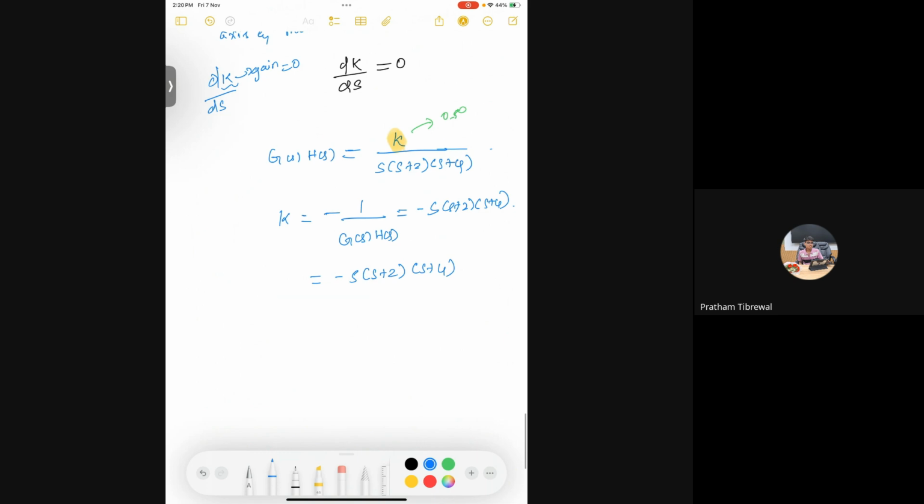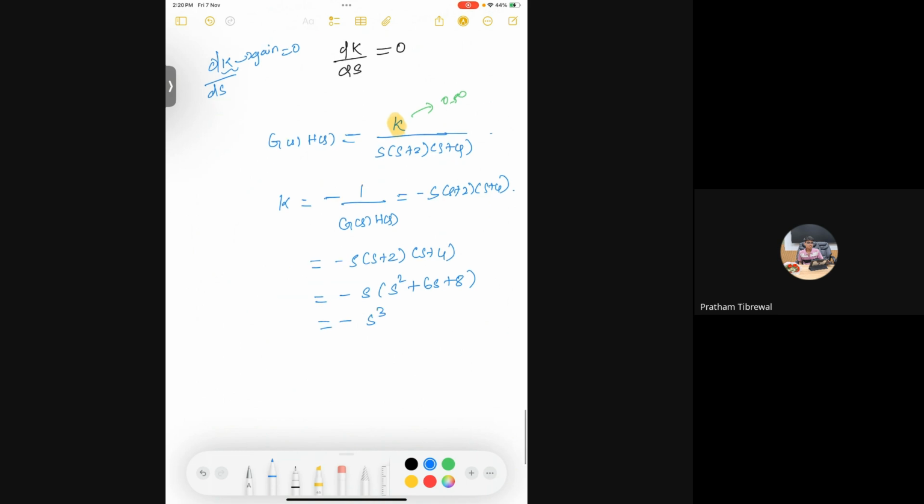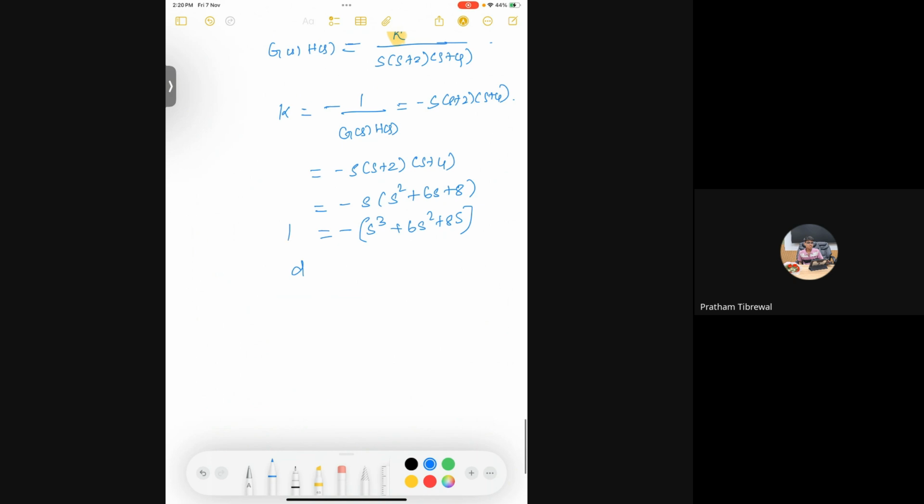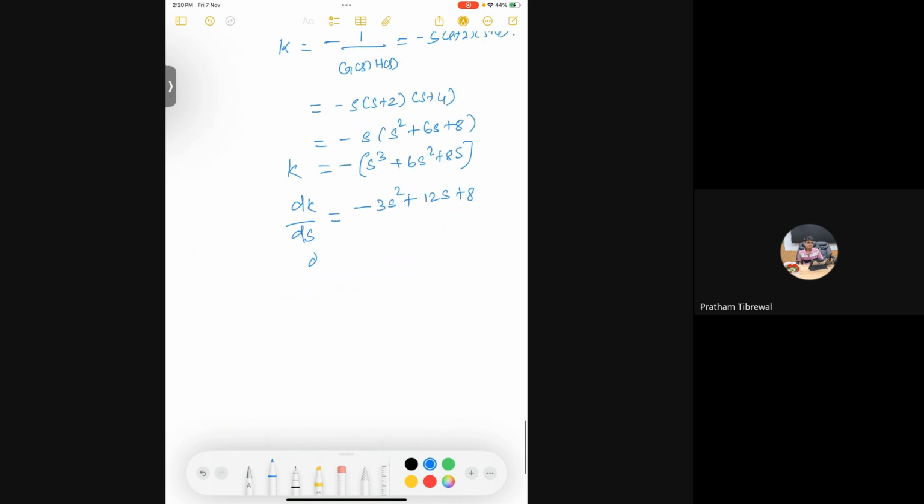If I calculate this, it will give me s into s squared plus 6s plus 8, so minus s cubed plus 6s squared plus 8s. So this is K, right? Differentiating K with respect to s will give me minus of 3s squared plus 12s plus 8. Now I'm going to equate this to 0.